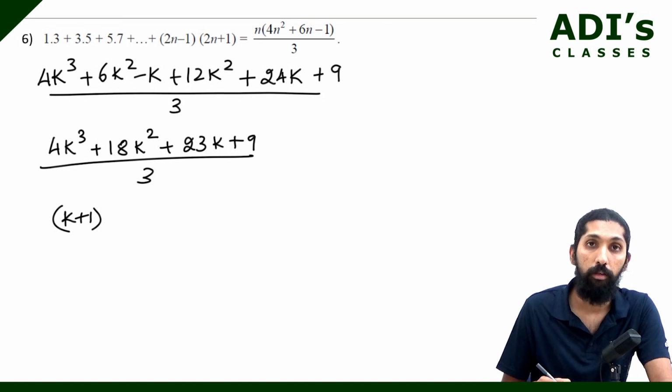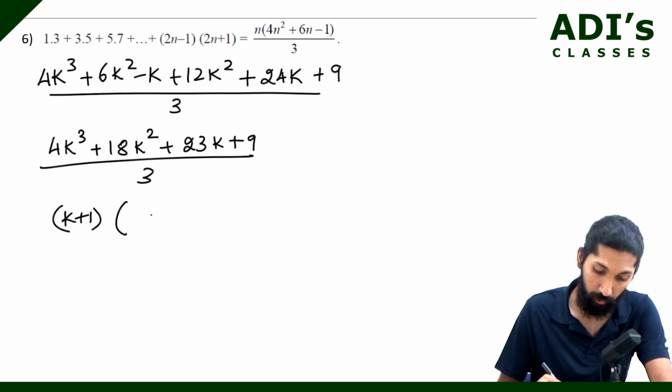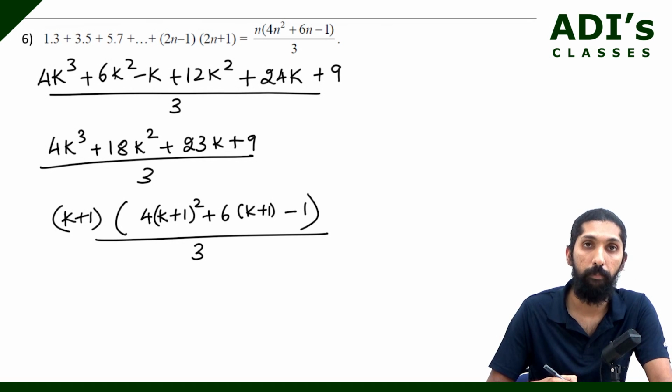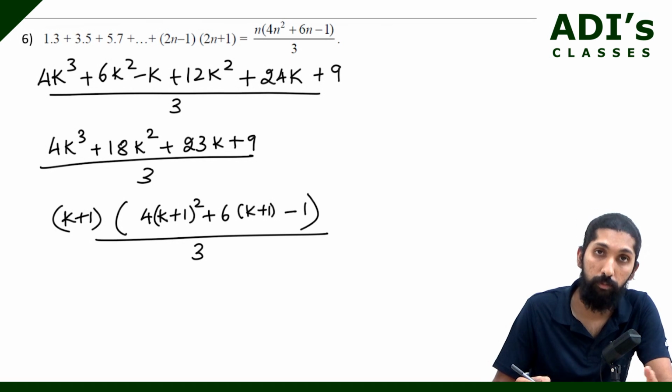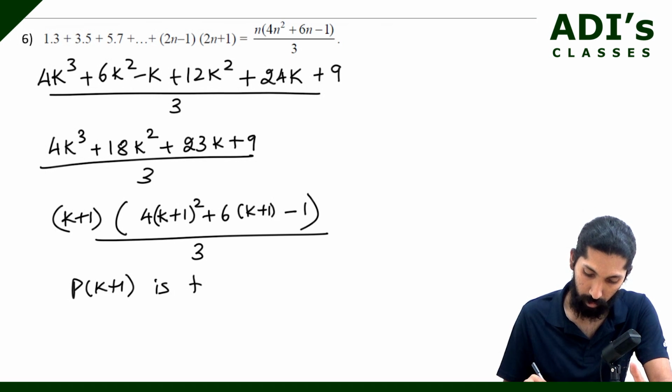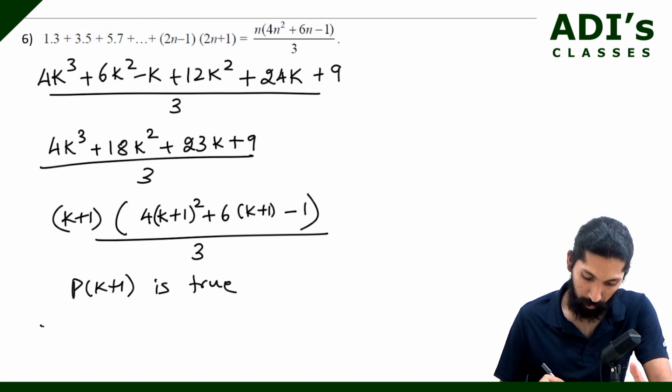So k plus 1 into you will have 4 into k plus 1 whole square, 6 into k plus 1 minus 1 divided by 3, which is nothing but p of k plus 1. So the conclusion, p of k plus 1 is true. Therefore, p of n is true. So this is the answer for the sixth one.